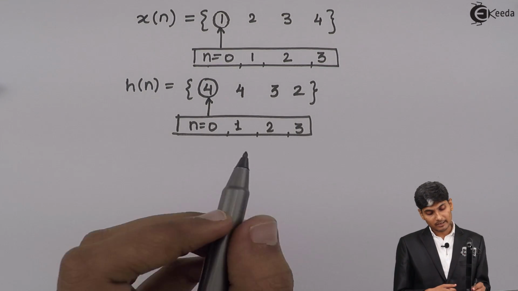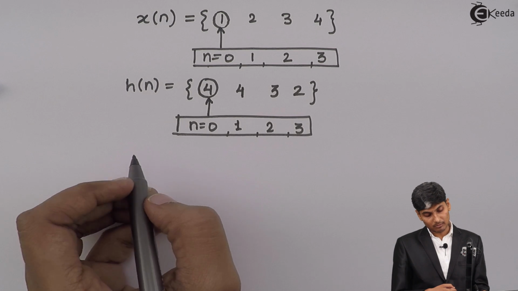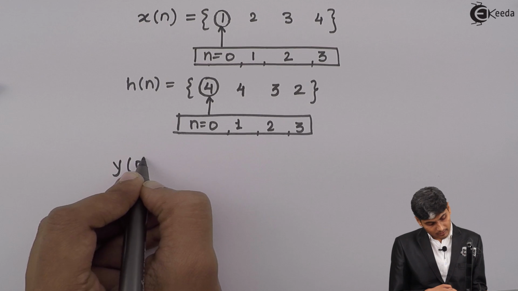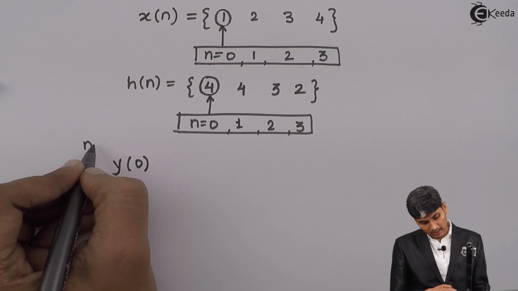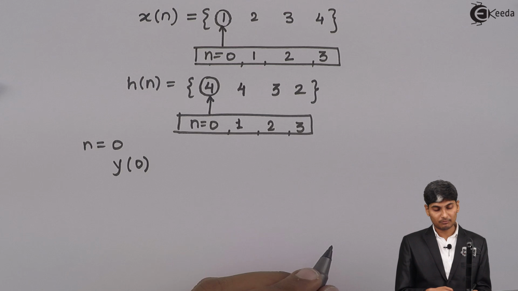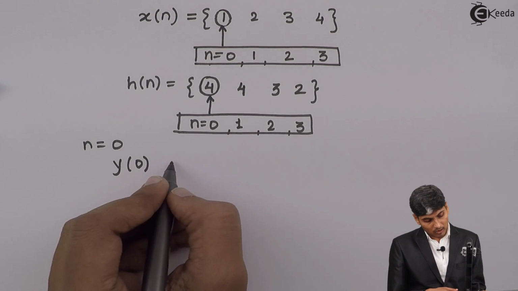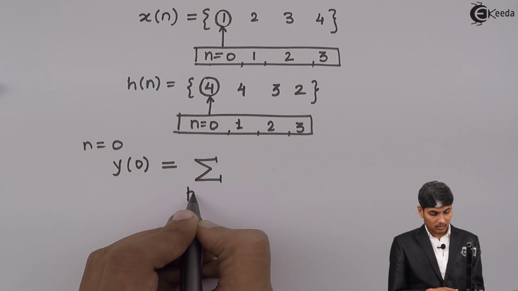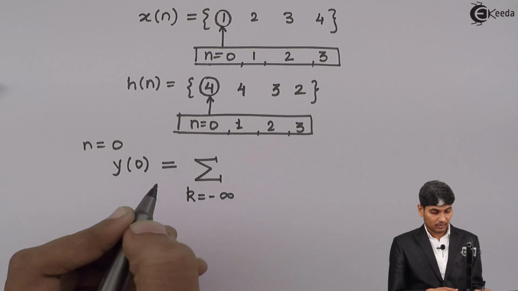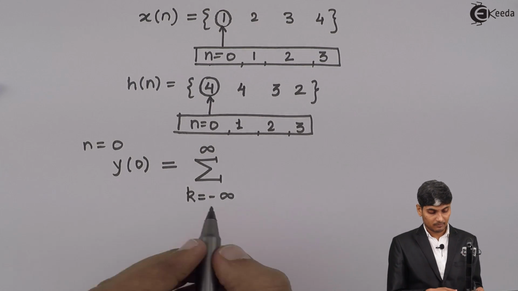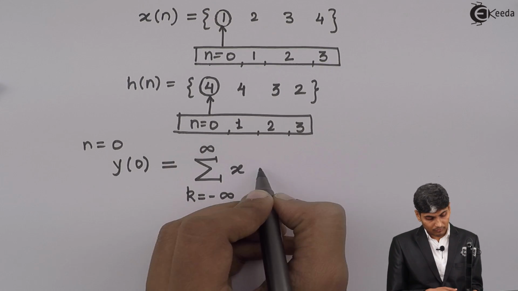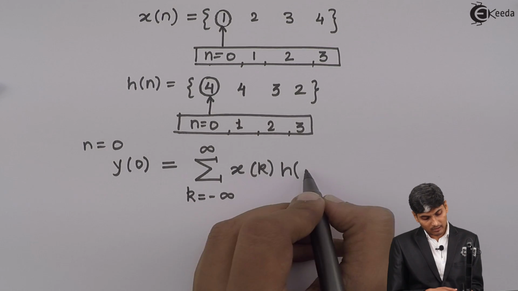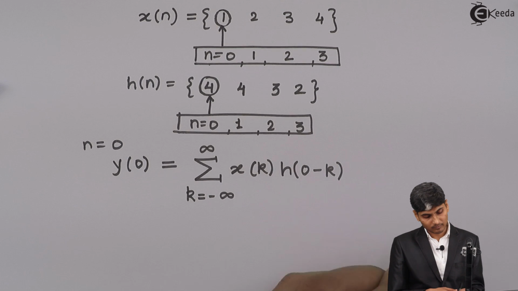Now, let us incorporate this into the formula. So, for y of 0, that is I am putting n is equal to 0 in the previous formula, I get y of 0 is equal to summation k going from minus infinity to plus infinity x of k h of, now I am putting n as 0, so it becomes 0 minus k.